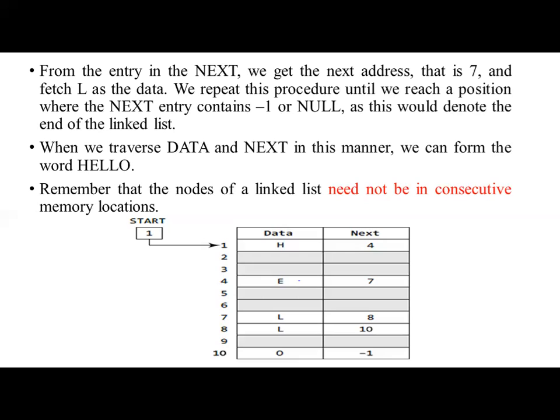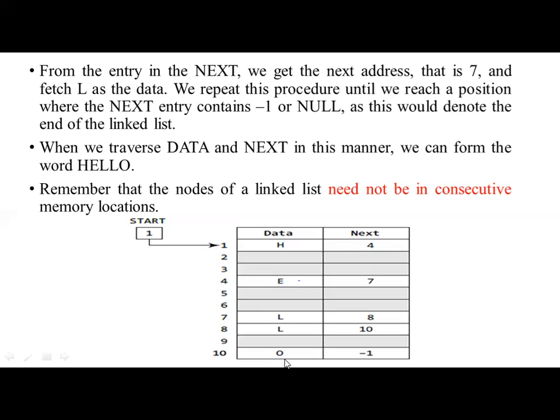After E, I have to move to location 7 to get my third data, L. After L, I have to move to location 8 to get my fourth data. After 8, I have to move to location 10 to get my fifth data.